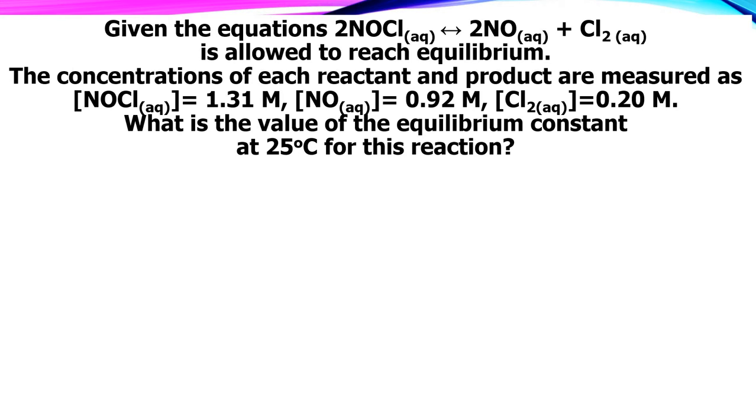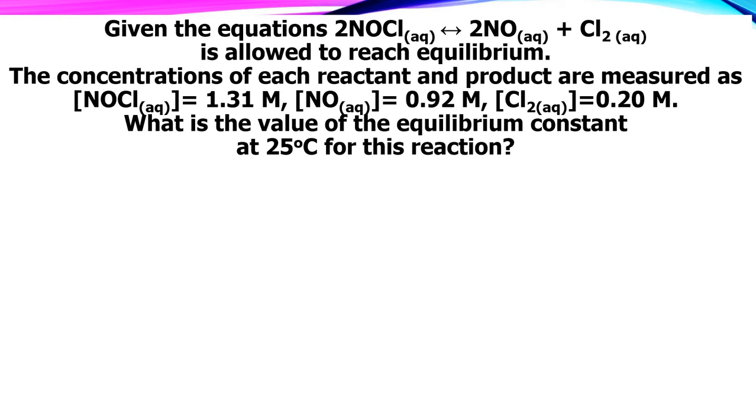Okay, so given an equation, it is allowed to reach equilibrium. This is something she would give you on the test. Okay, so please pay attention. She's given you the equation, and she's also giving you the concentration of each at equilibrium. And she wants you to tell what the equilibrium constant is for this reaction.